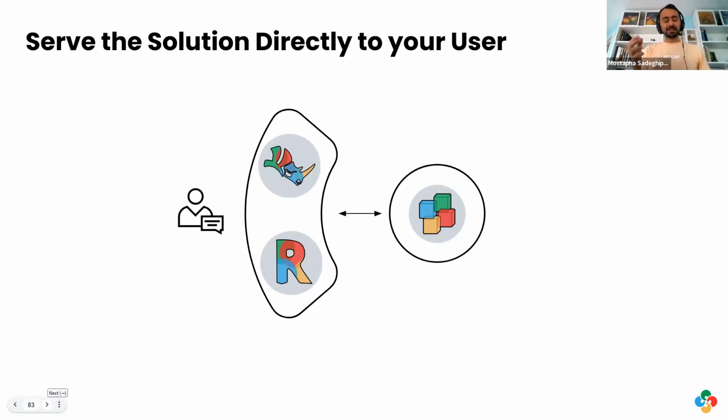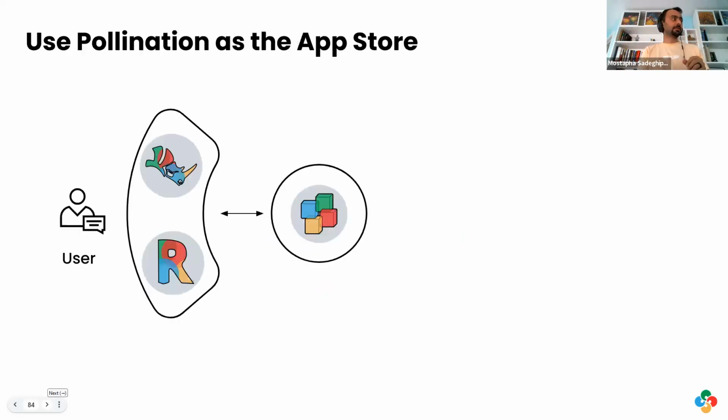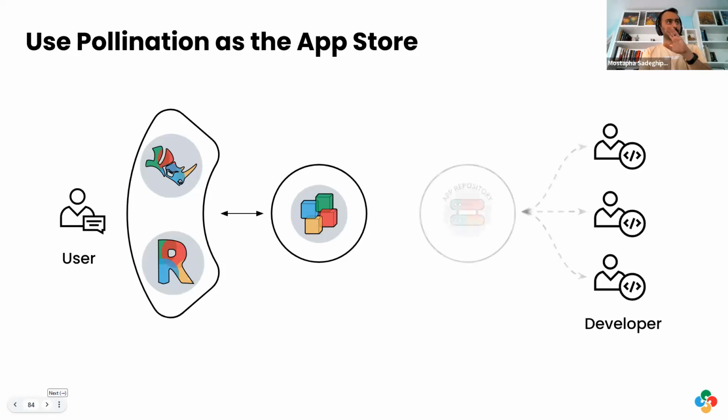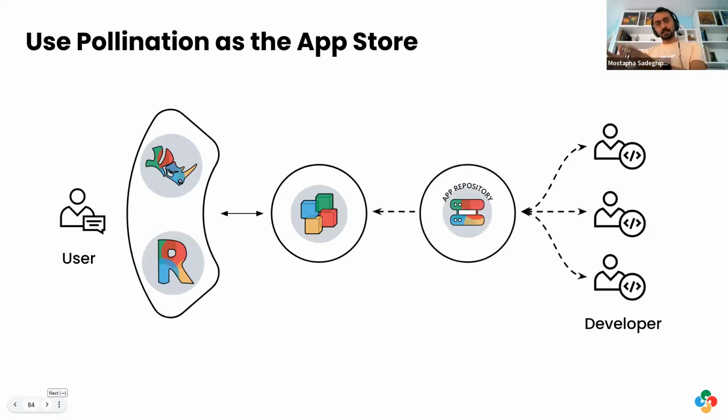So the key here is not to build only the interface that supports this, but also the whole infrastructure that you need. Developers can develop these apps and deploy them to Pollination for everyone else to use. So we have not only our apps that you can use, you can develop your own custom apps and deploy them to Pollination.